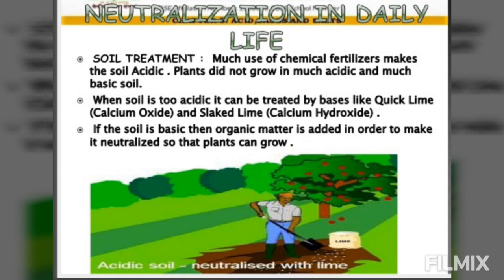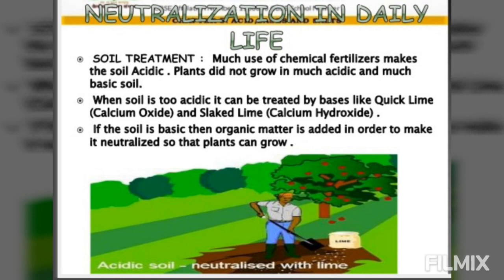The next application is soil treatment. We know that farmers use fertilizers to improve the productivity of the soil. Due to the excessive use of the fertilizer, the soil becomes either too acidic or too basic.